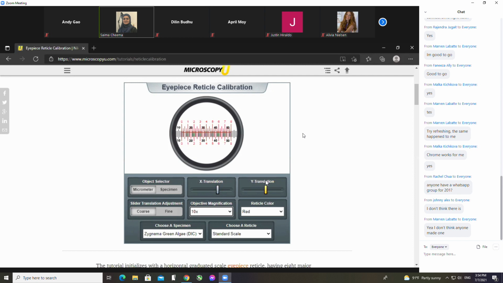I want you to match up the two rulers on one end and then write down in your assignment, the ocular micrometer assignment, there is a table for you to fill, where you're going to write down the ocular ruler divisions, which there are 80, and how many stage micrometer divisions equal those 80.